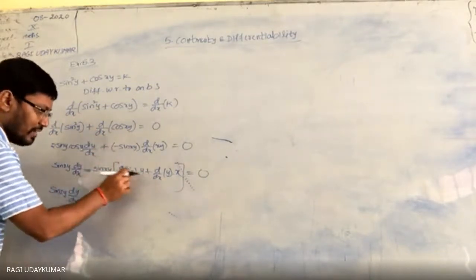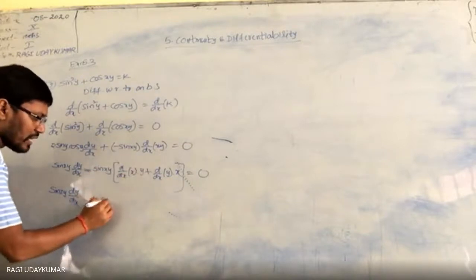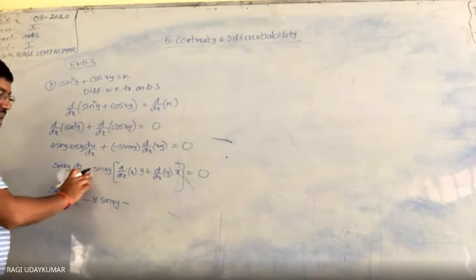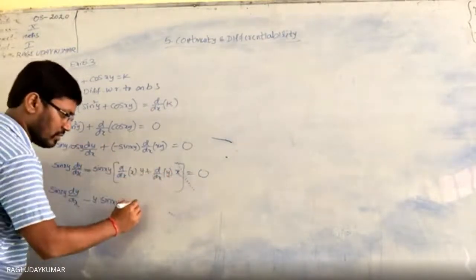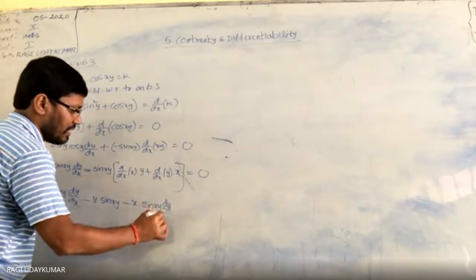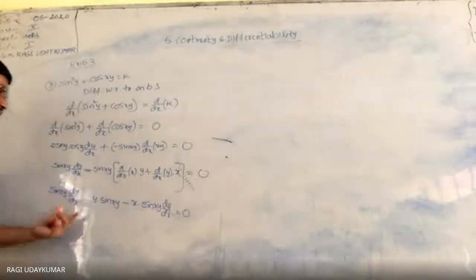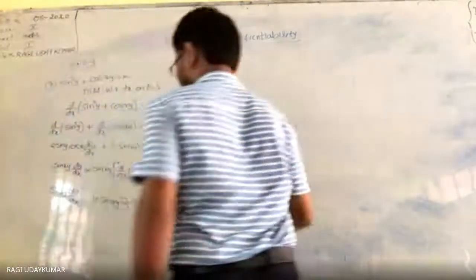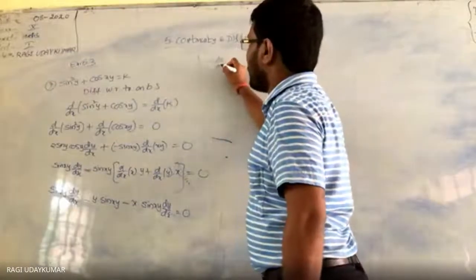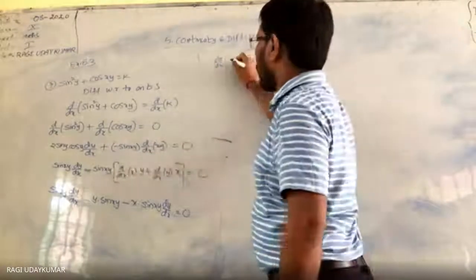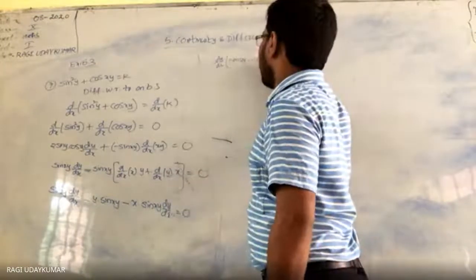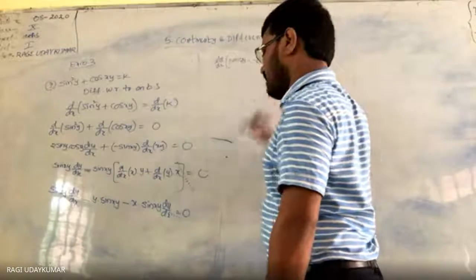This you are going to get as 1. So 1 into y, multiplying y here, we get y into sin xy. Next, minus x sin xy dy by dx is equal to 0. So take dy by dx common, and this term take to the right side. If you take dy by dx common, you get (sin 2y minus x sin xy) is equal to this one.